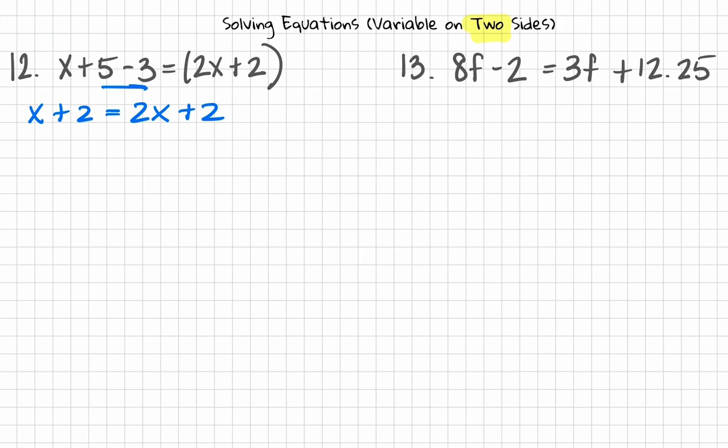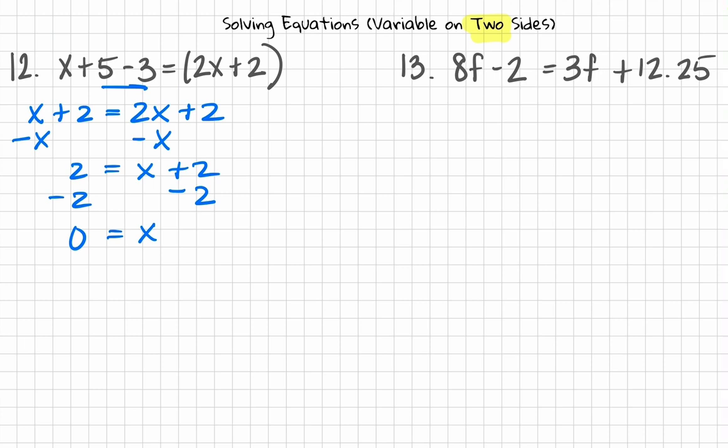To combine terms, I'm going to subtract x on this side so I can subtract x on that side. I'm going to have 2 is equal to x plus 2. And then negative 2, x equal to 0.